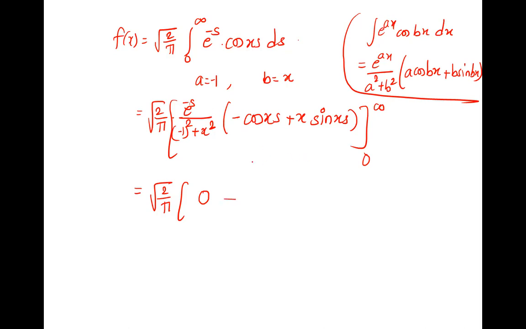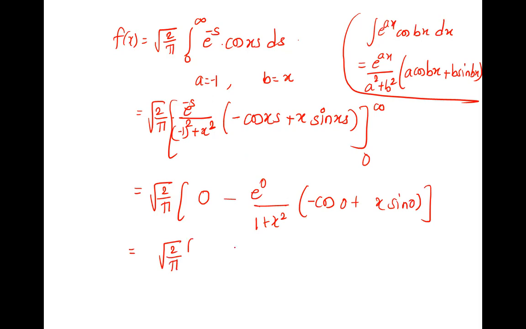Minus the lower limit: if s is 0, e raised to 0 upon 1 plus x square into minus cos 0 plus x into sin 0. e raised to 0 is 1, cos 0 is 1, sin 0 is 0, so that term is 0.